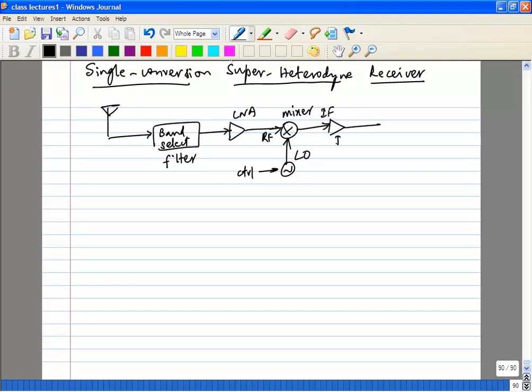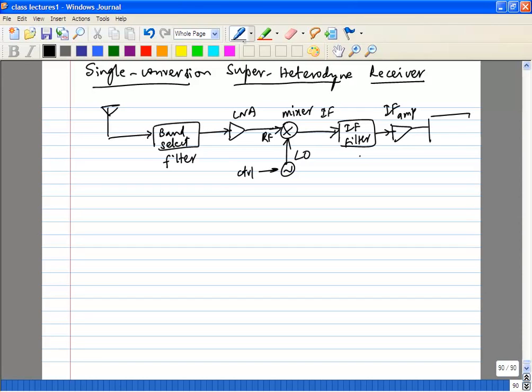And then you have an IF amplifier. Actually, let me correct a small error: you have what is called the IF filter followed by an IF amplifier.